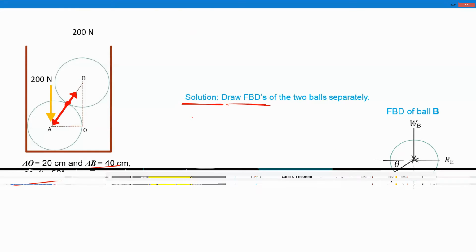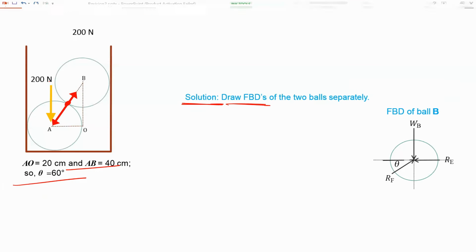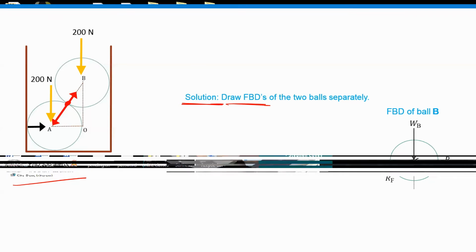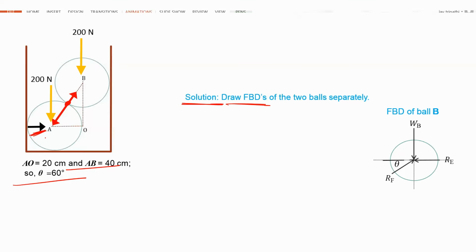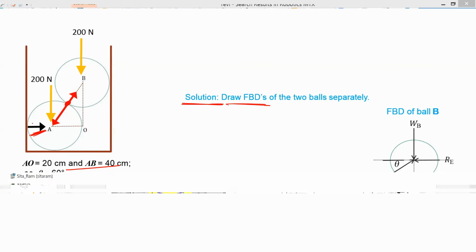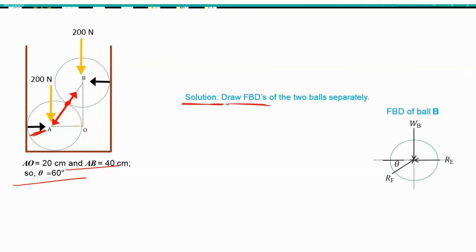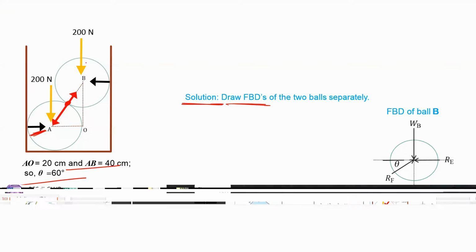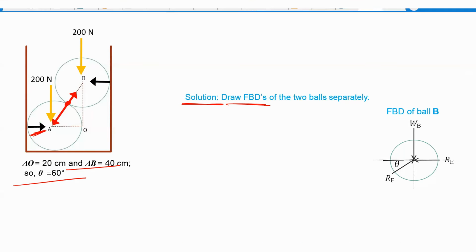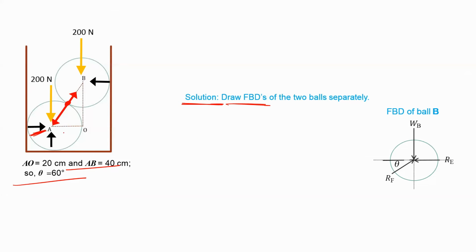Then I can consider the weight of the two spheres. This is the weight of the first sphere A and the weight of sphere B. Now I can consider the normal reaction on sphere A from this wall, and then the normal reaction acting on ball B from this wall. And one normal reaction I will get at this contact surface also.